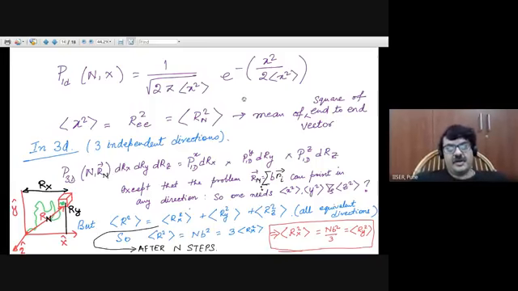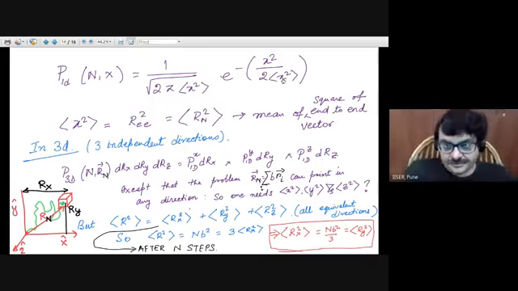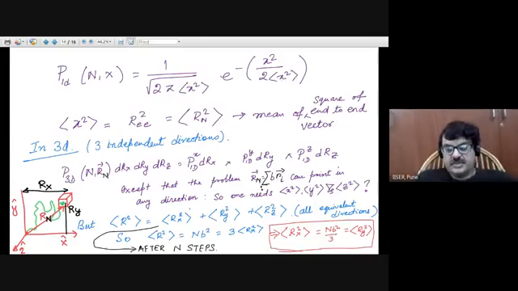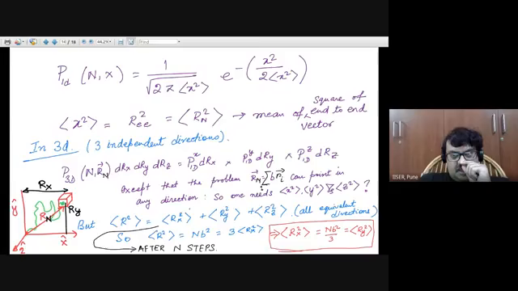So for the 1D random walk, x square average was equal to b into n, where each step was of length b. But now this random vector, the bond vector, will be in 3D, right?